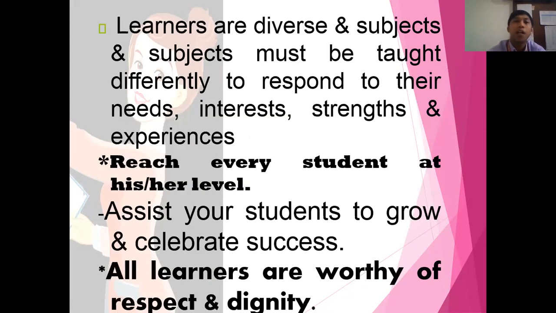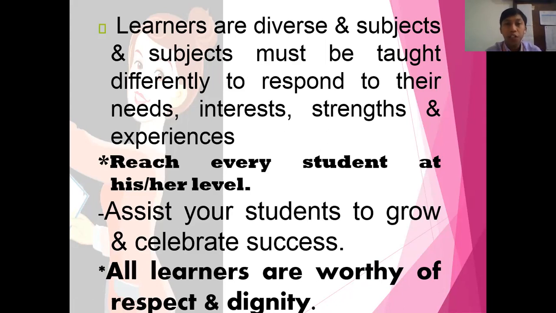Learners are diverse and subjects must be taught differently to respond to their needs, interests, strengths, and experiences. That is why one subject can use the 4 A's, another the 5 A's, but a particular subject cannot, so it should be taught differently to the children.